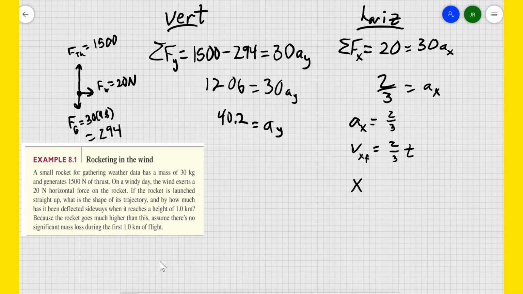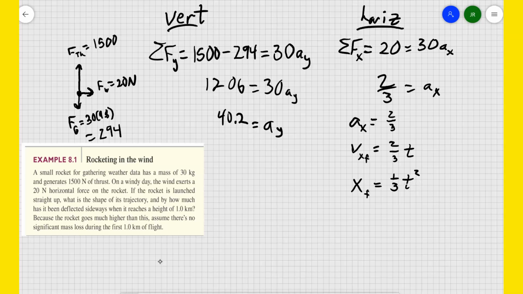And then the final position is the antiderivative of that, which is going to be 2/3 t squared over 2. So 2/3 divided by 2 is 1/3. So 1/3 t squared plus initial position, or x0, which we could say is also 0. So it's just that.